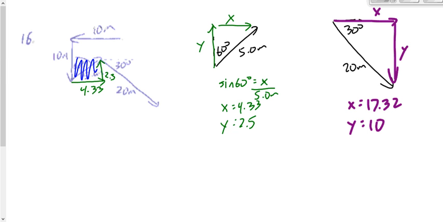Let's replace this with 17.32 and 10. And then let's scratch all this out. Now it's just a matter of doing exactly what we've done for a number of these questions, combine the X's and Y's.